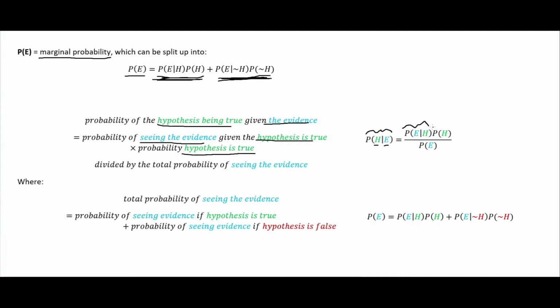So times the sort of prevalence of breast cancer in the population in our example, and then divided by the probability of seeing the evidence, which is this part down here, where the probability of seeing the evidence is equal to the probability of seeing the evidence if the hypothesis is true, plus the probability of seeing the evidence if the hypothesis is false. And so that is sort of what each of those things in here means.